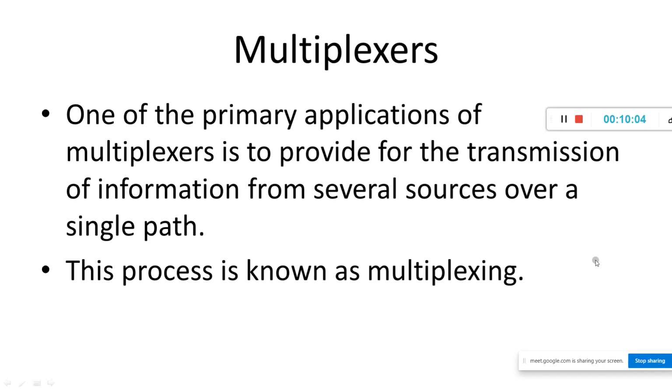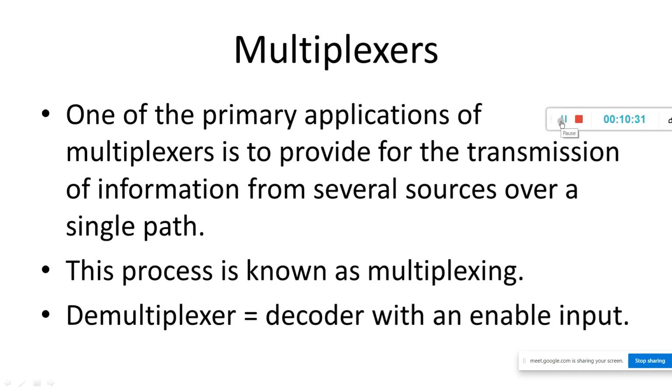Transmitting the information from several data sources over a single path is known as multiplexing.